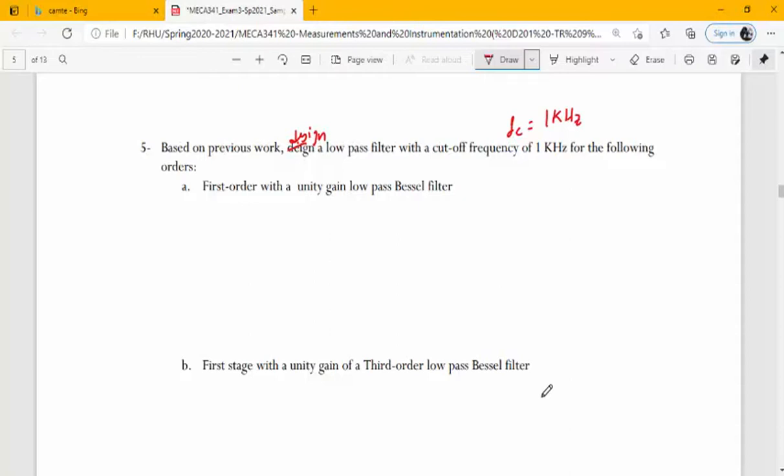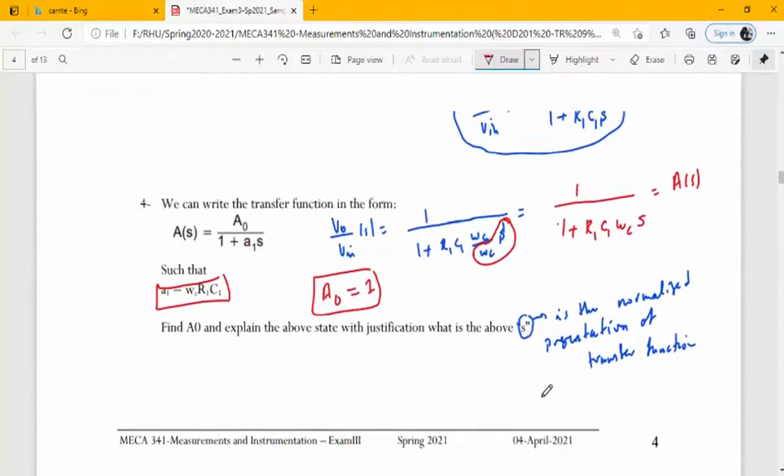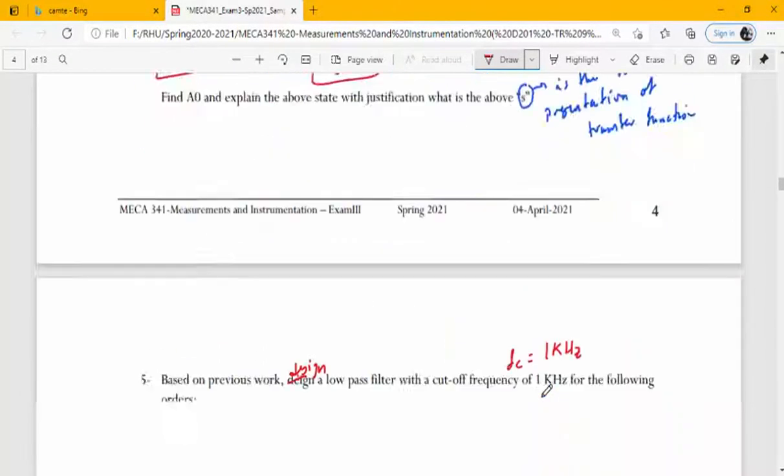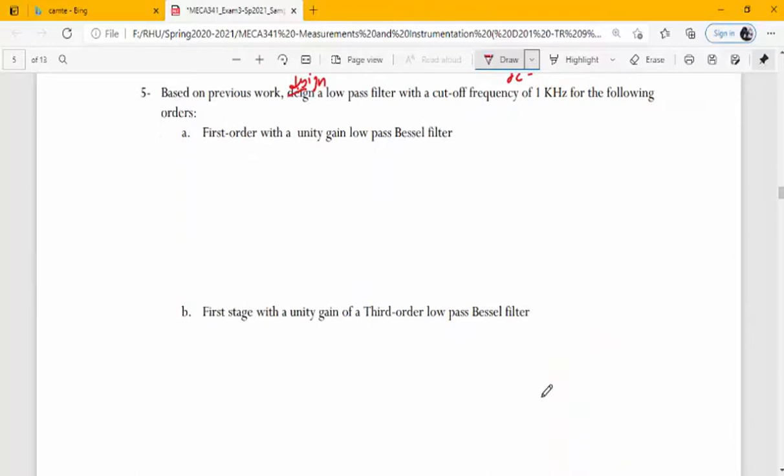We are given the first order with a unity gain low pass passive filter, okay, and it is of first order, okay. So in order to use unity gain, it is a unity, okay, as we did so far. Now we need to design the passive filter, okay, of first order.